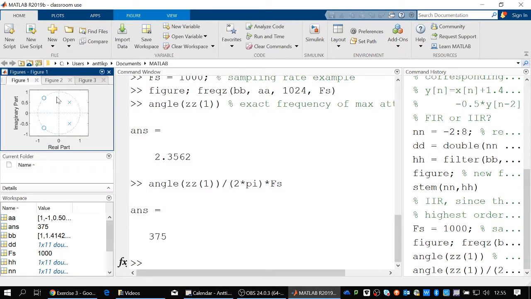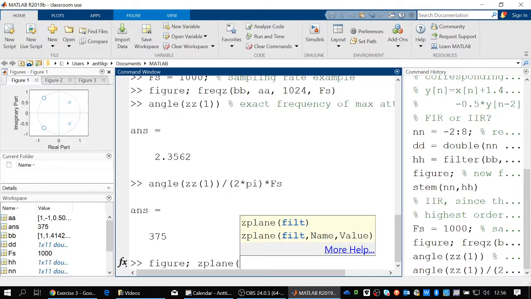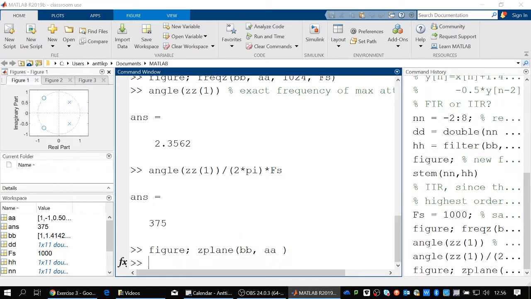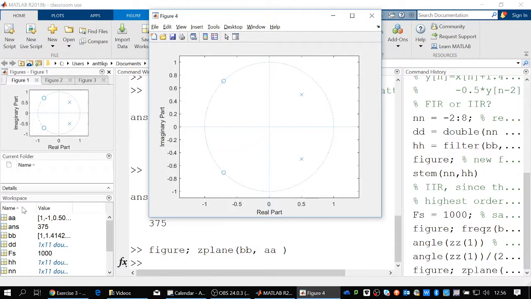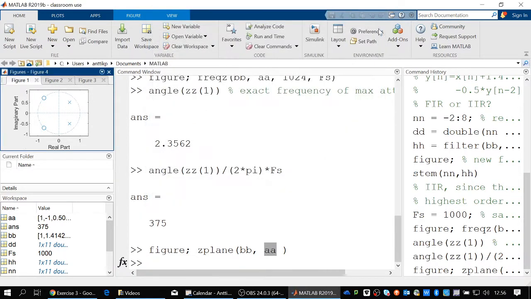Let's put it back. So new figure, Z plane, zplane with BB, AA. There. Looks like the same. So I started with the zeros and poles and calculated the system coefficients, and yeah, I got the same back. That's nice. What did I prove there? Nothing.